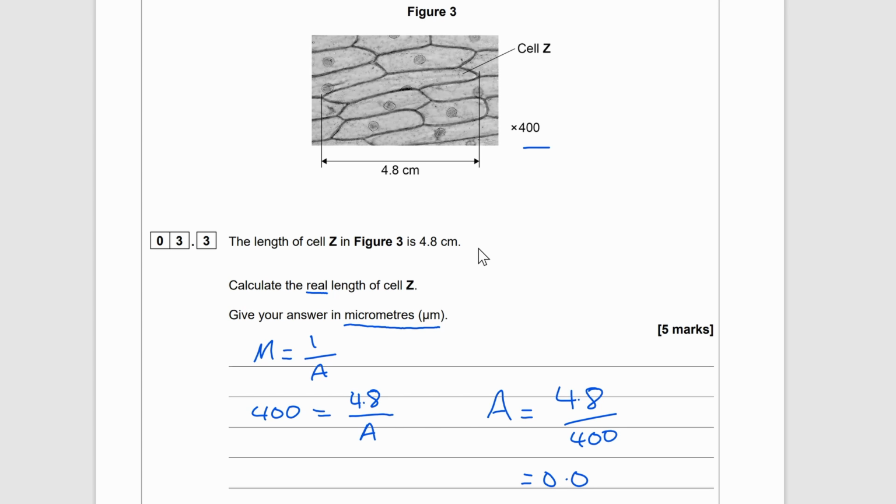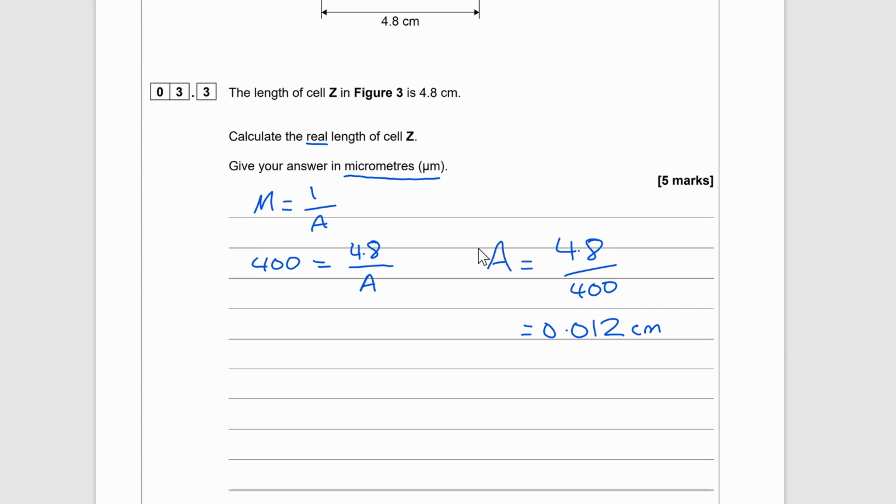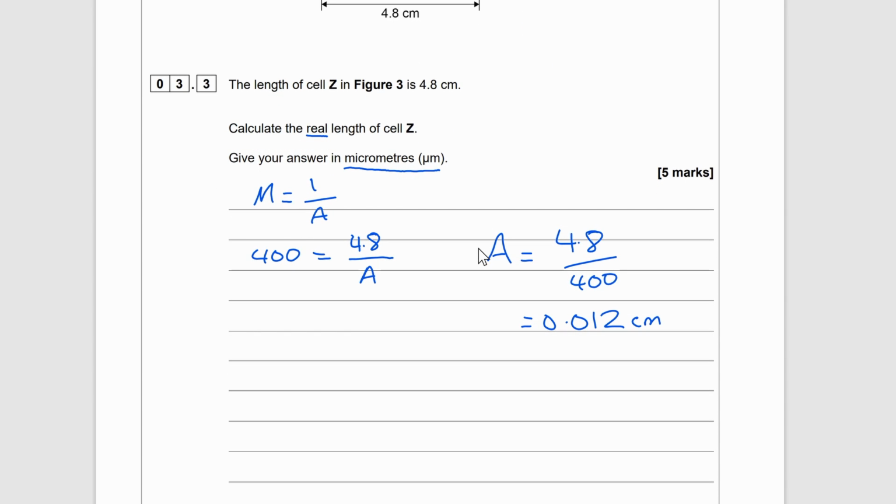If we do that, we will get a value of 0.012, but this value will be in centimeters. So because our answer they are asking for is in micrometers, you would need to convert centimeters to micrometers. And to convert centimeters to micrometers, you would need to multiply by 10,000.